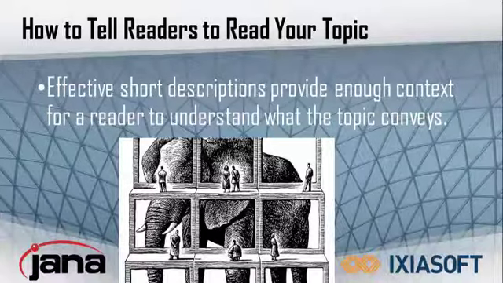But I don't know what this all connects to. But a well-written short description will immediately give you an idea that, hey, this topic is about elephants. And that's what we're trying to convey. So essentially a good, well-written short description will give you a glimpse of the whole picture.